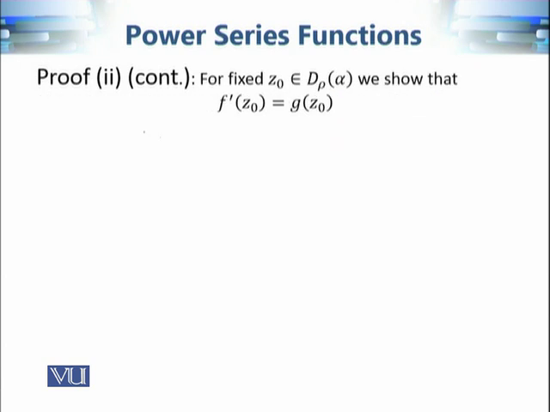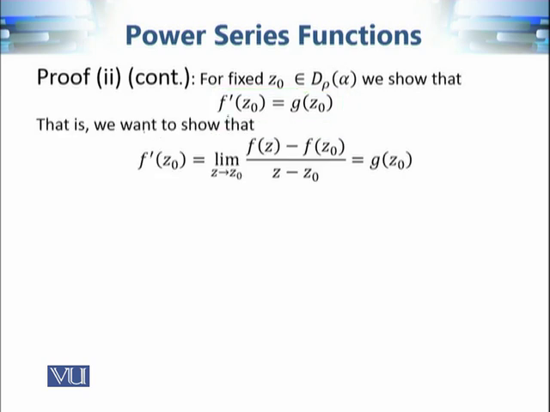Now moving on with the case of k equal to 1, what do we want to prove? As I've said earlier, we defined g of z so that we should prove the following: that f prime of z0 is equal to g of z0, where z0 is any point in the domain of this function.